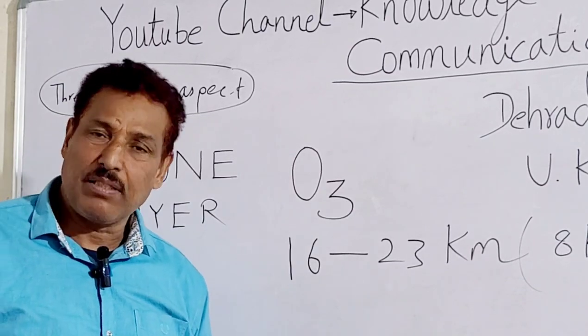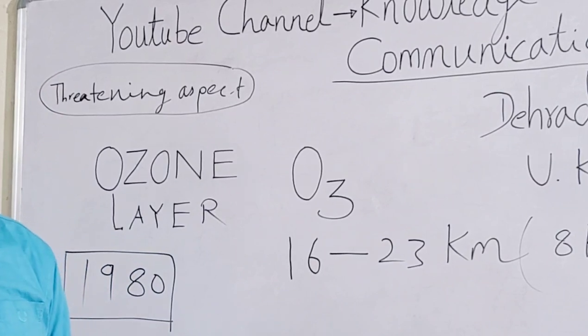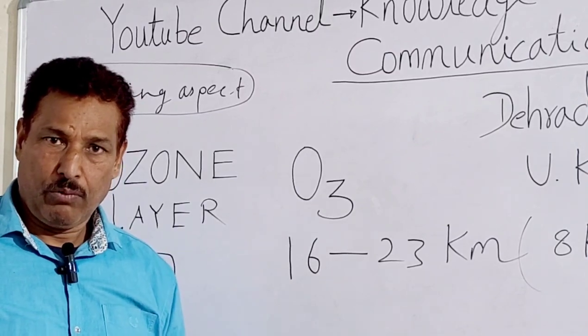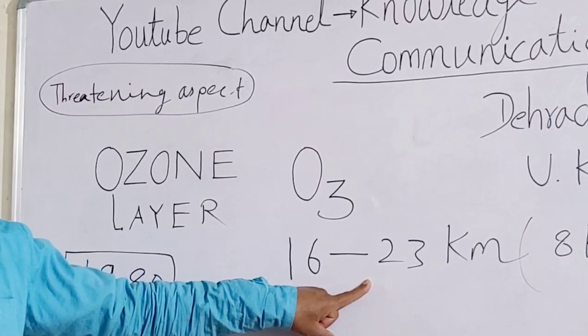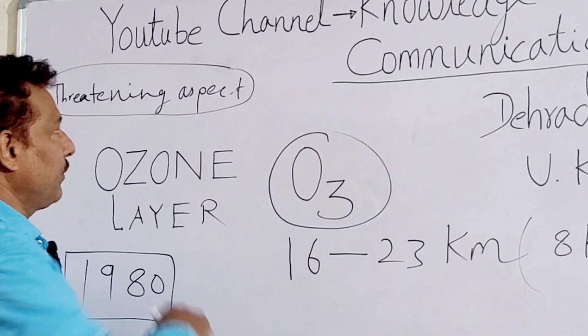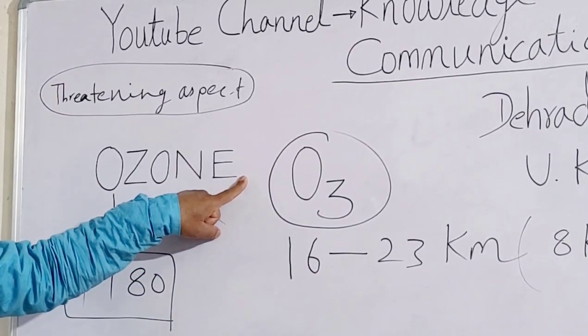That simply means damaging life on the planet, including human beings, crops, trees, plants, a wide variety of flora and fauna and all that. So this is not a myth, this is reality, that the ozone layer is threatened. This aspect is very serious.